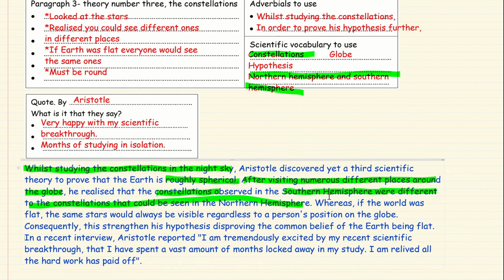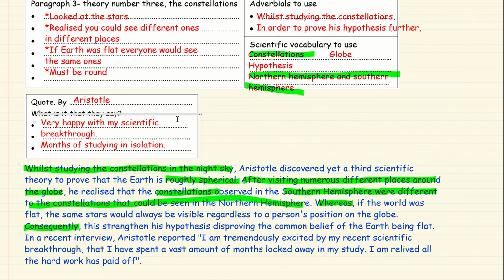Then I've got whereas, so I've used a conjunction there. Whereas if the Earth was flat, the same stars would always be visible regardless to a person's position on the globe. Okay, now I'd used world already, so that's why I'd used globe. Then I've got consequently, another conjunction.